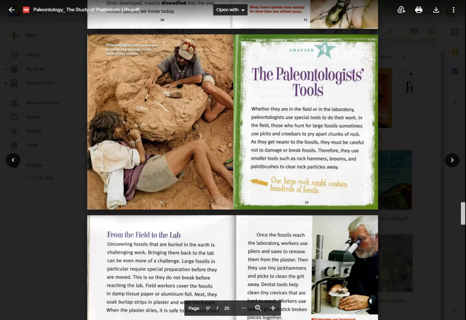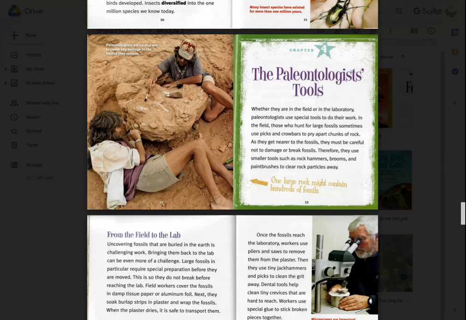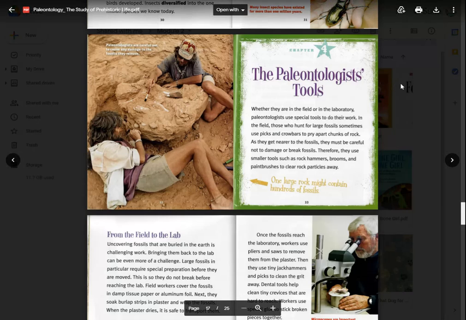This is a real photograph with a caption. Paleontologists are careful not to cause any damage to the fossils they remove. Okay, so let's read. The paleontologist tools. Whether they are in the field or in the laboratory, paleontologists use special tools to do their work. In the field, those who hunt for large fossils sometimes use picks and crowbars to pry apart chunks of rock.